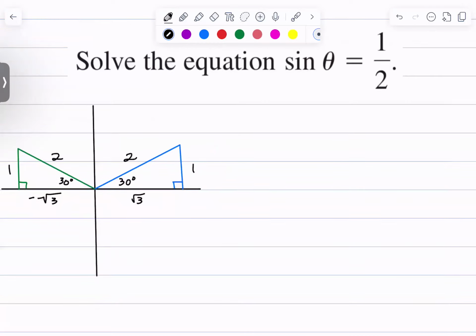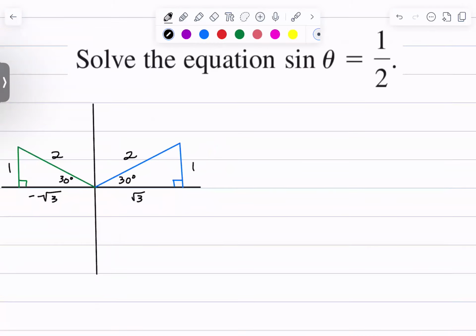Okay. So our theta is equal to 30 degrees or our theta is equal to 150 degrees. Right? Because this angle there is 150. Okay?